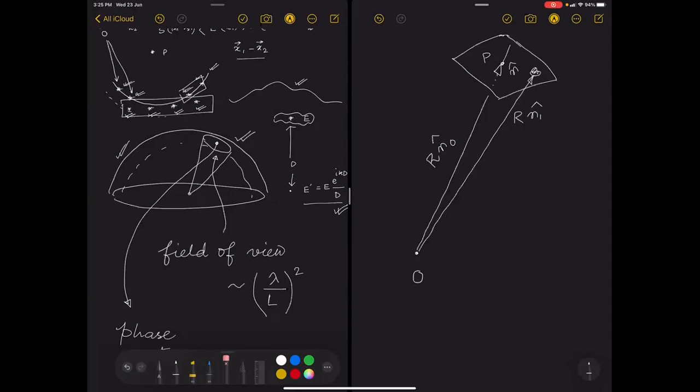And the Cartesian coordinate system will obviously have the same origin as here. And I choose the Z direction of the Cartesian coordinate system always along the phase center. And then I have X and Y.